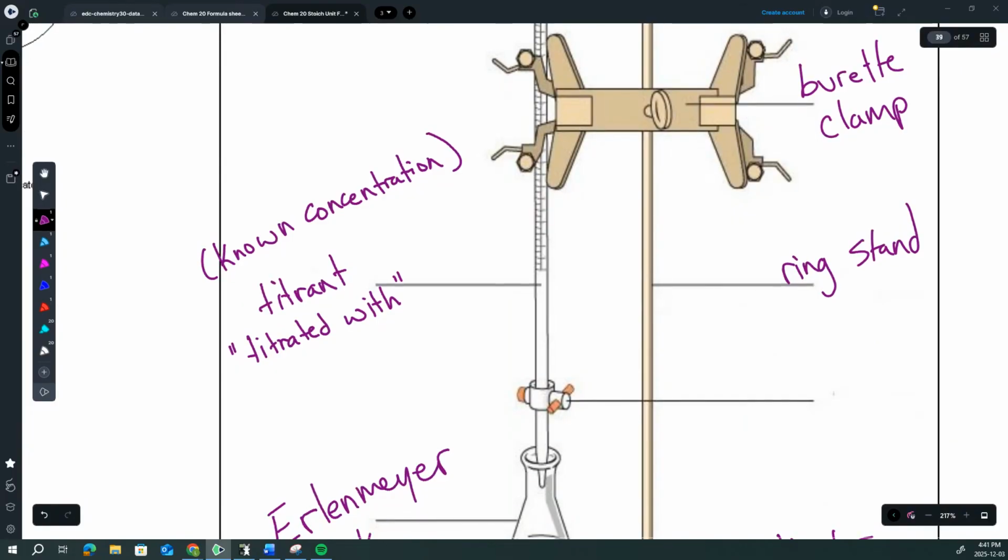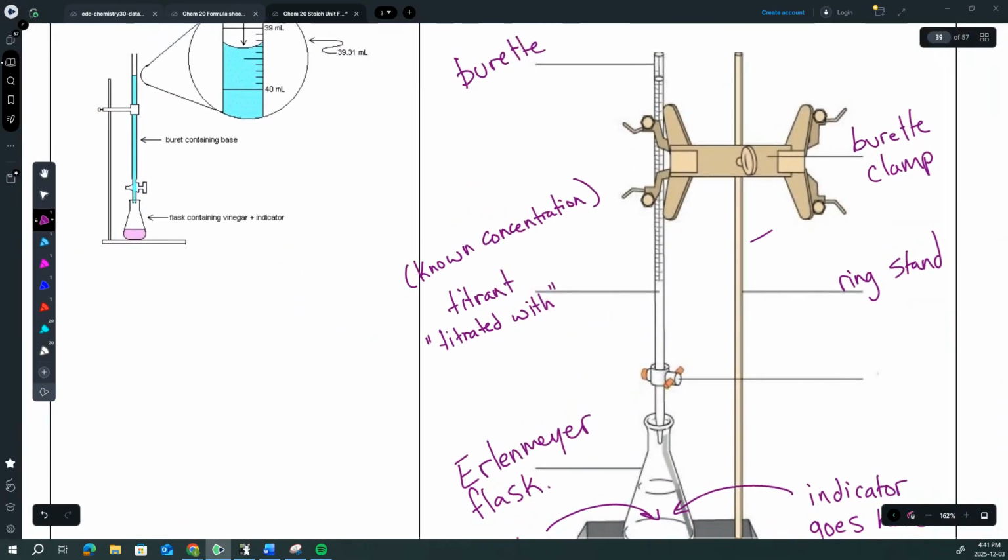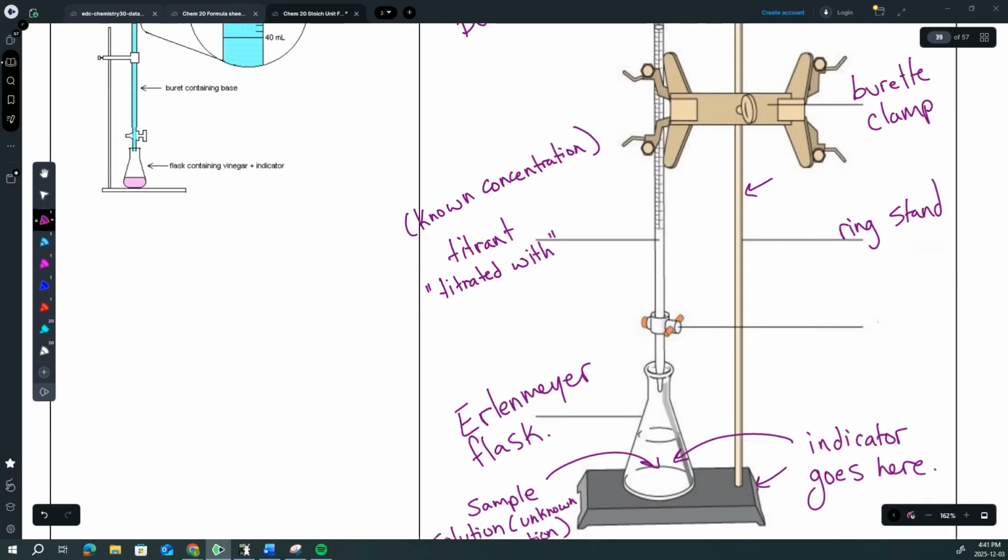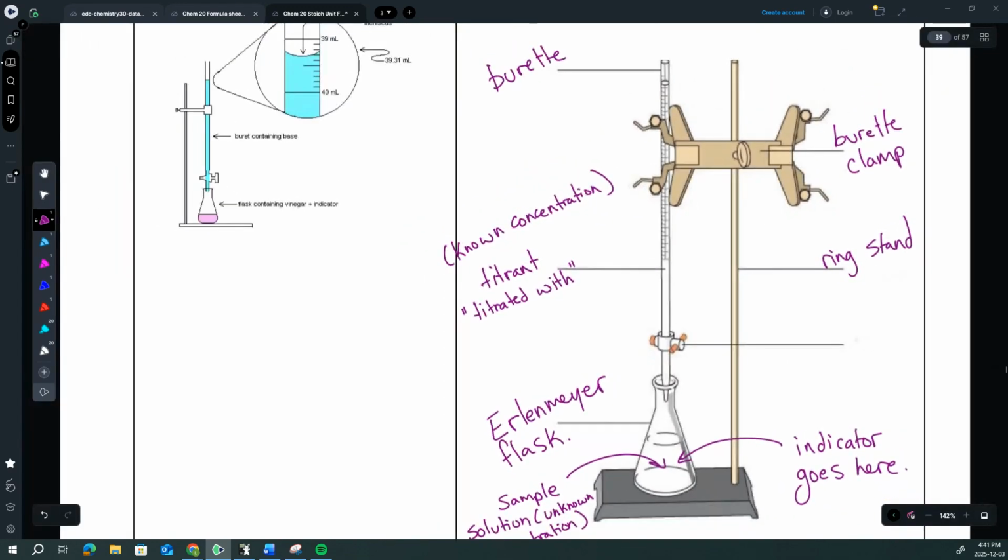Okay, so the ring stand is just this rod as well as the platform that it's on. Okay. Last but not least, for the burette, the part of it that's going to control how much liquid goes through is going to be this part, which is called the stopcock.